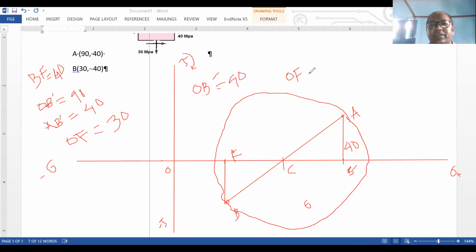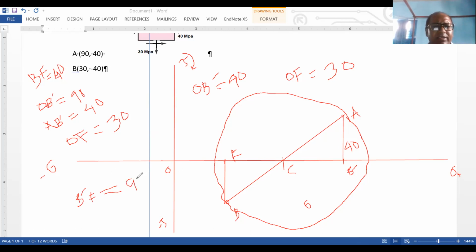OF how much? The x coordinate of point F. That means 30. This is 90, so how much will B prime F be?